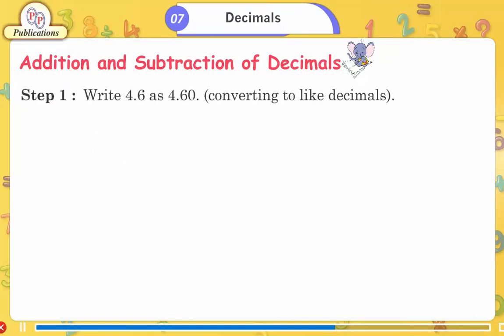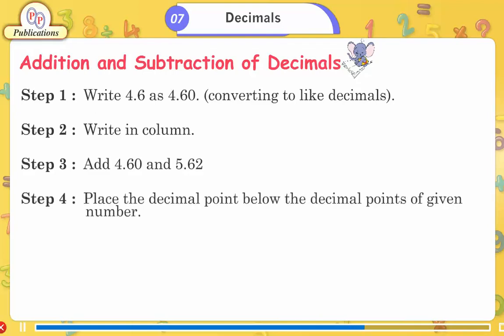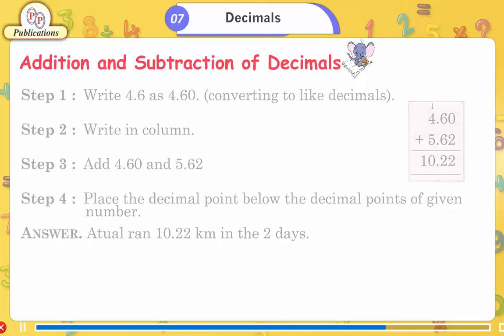Step 1. Write 4.6 as 4.60, converting to like decimals. Step 2. Write in column. Step 3. Add 4.60 and 5.62. Step 4. Place the decimal point below the decimal points of the given numbers. Answer. Atul ran 10.22 kilometers in the 2 days.